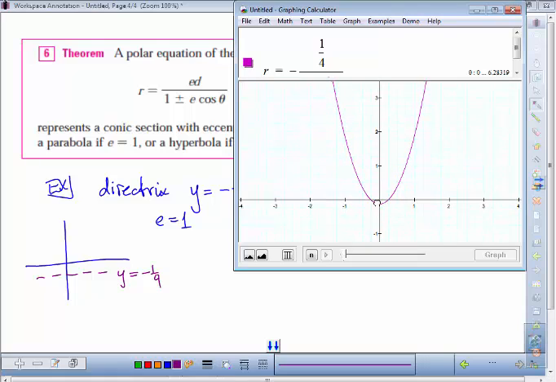So this is the graph that we're looking at. This goes to 1/8, and theta is 1.5.